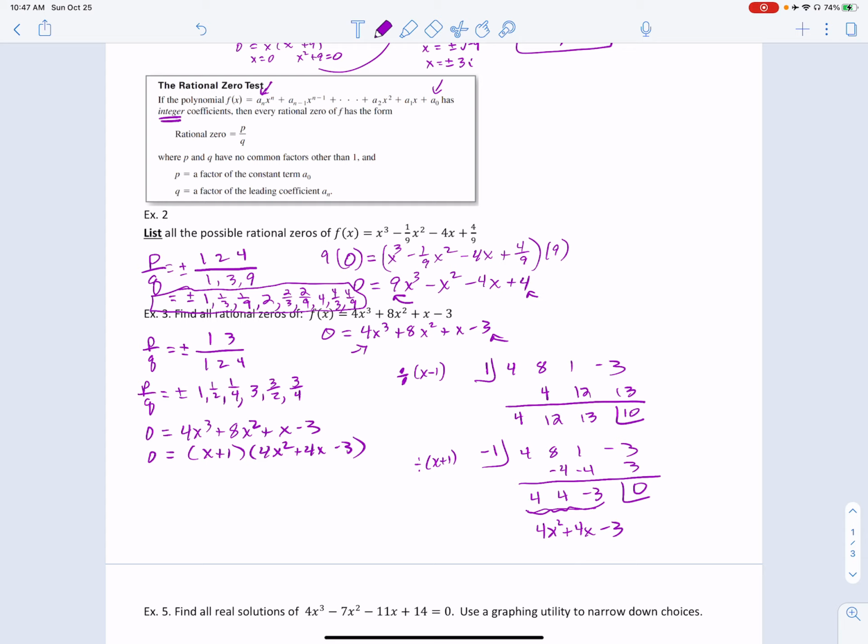The nice thing now is we have different techniques for a quadratic. We don't have to keep on going with the rational roots and synthetic division until I find them all, because when it gets down to a quadratic, I can factor it. I can use the quadratic formula. I have options. And this one will factor. It factors as 2x minus 1 and 2x plus 3.